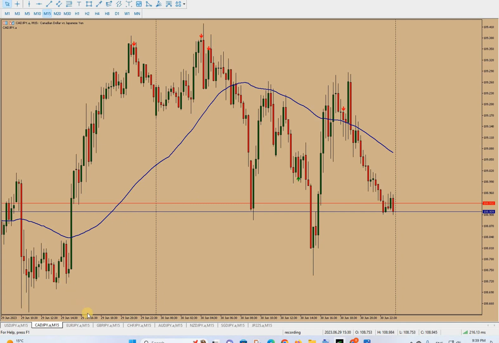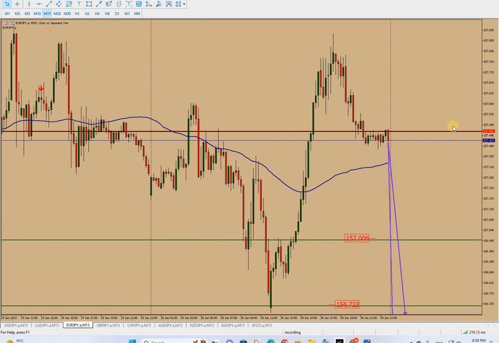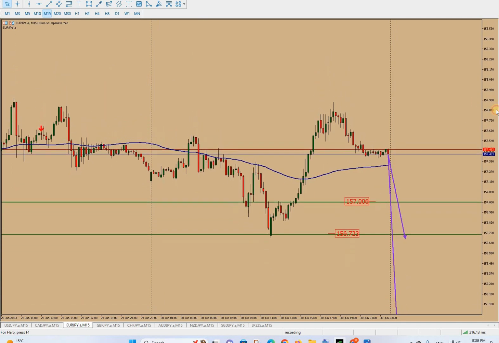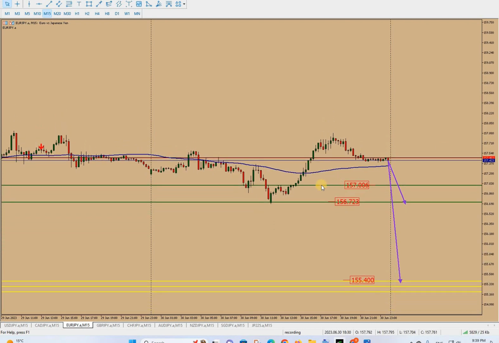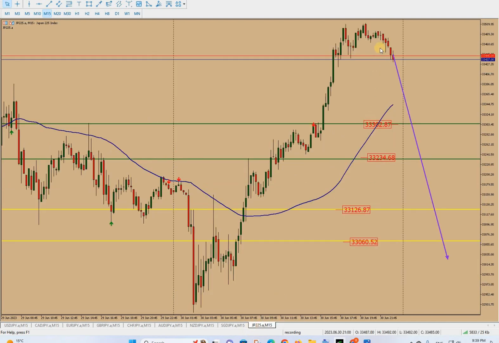For Euro Japan, I found this level. The software gave me those hidden support and resistance in the past. As I have mentioned, because the index is losing, Japan 225 is losing and it's going to go down, so the Japanese yen is going to be strong and go up.